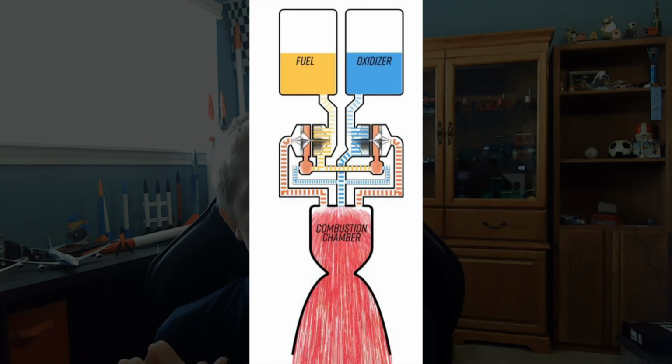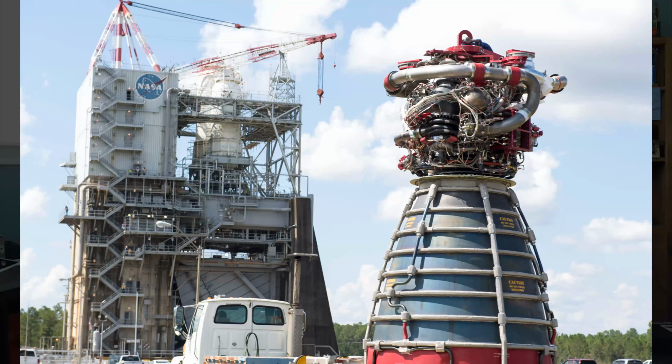This was used on the RS-25 engine and had many problems because at first the US didn't have a good enough material to withstand those temperatures, and also hydrogen is really undense, and it really likes to leak through all the seals.